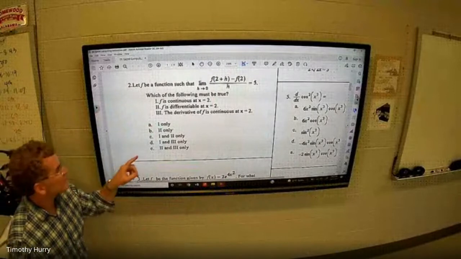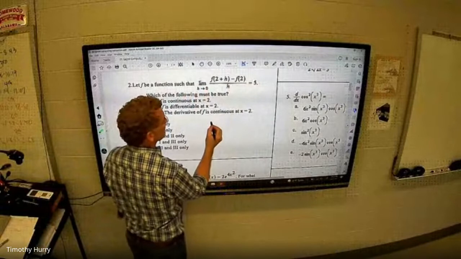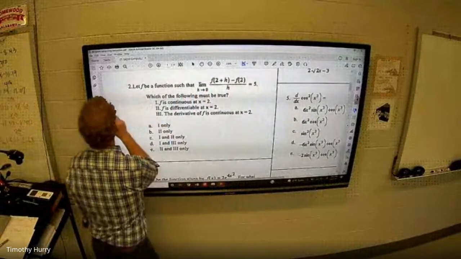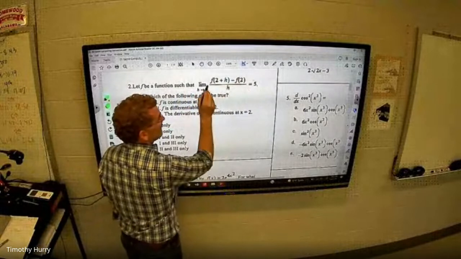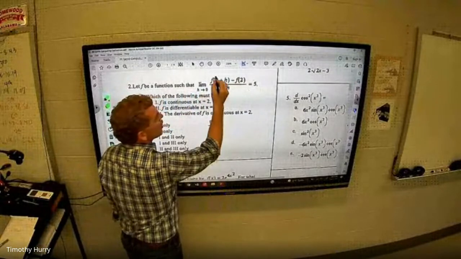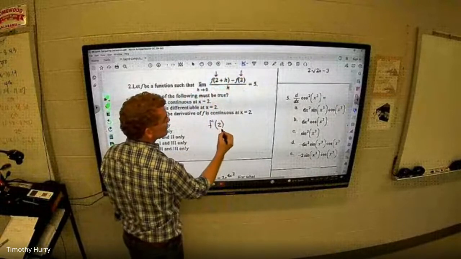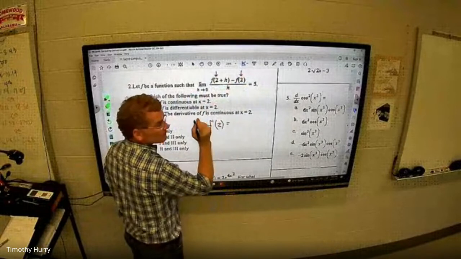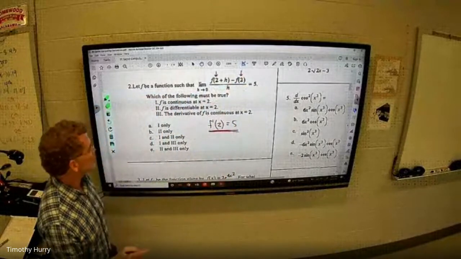You're supposed to be able to look at this and say, the derivative of f, that means the derivative function, when the x value is 2 equals 5. So if I said that, what can you deduce from f?